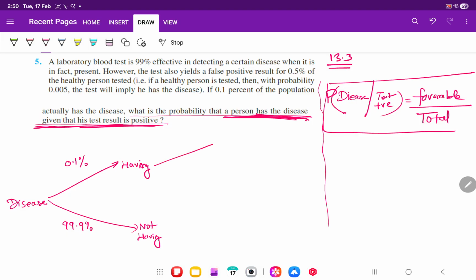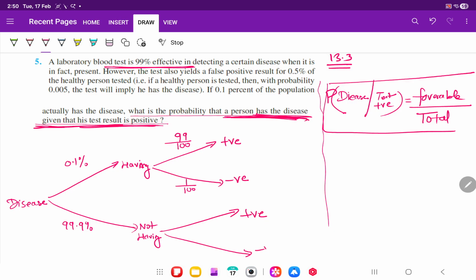If the person is having it, then the test may come positive or negative. If the person has it, the test is 99% effective, which means 99% it will show positive, but maybe 1% it will not show. If a person is not having it, then also a positive result may come by mistake, and that is hardly, they are saying 0.5% chance that it may show positive for a healthy person.